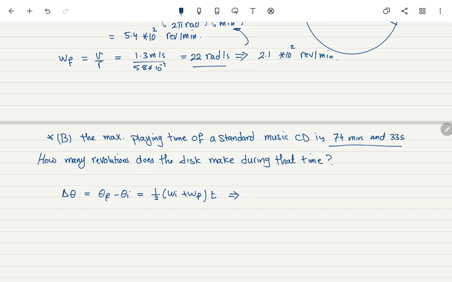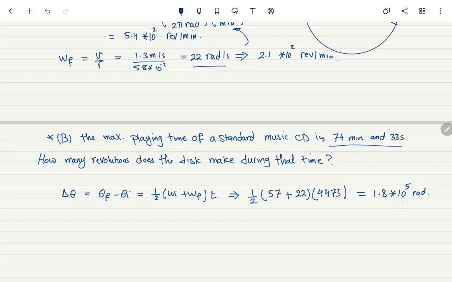We have to convert this to seconds, so it equals half times 57 plus 22 multiplied by 4,473 seconds. In total it equals 1.8 times 10 to the power 5 radian.